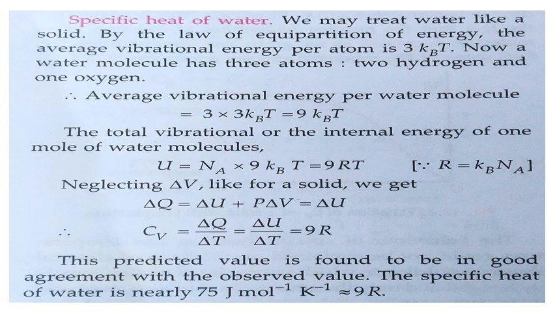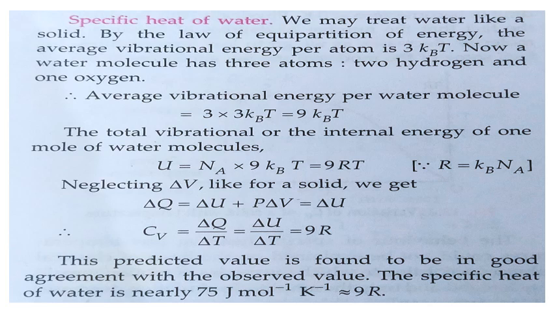In case of water, by the law of equipartition of energy, the average vibrational energy per atom will be 3 kBT. And you know that water, H2O, has 3 atoms, 2 hydrogen and 1 oxygen.